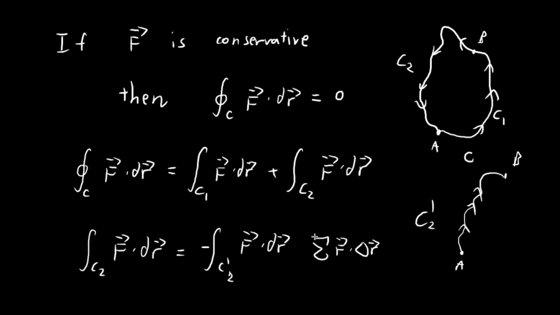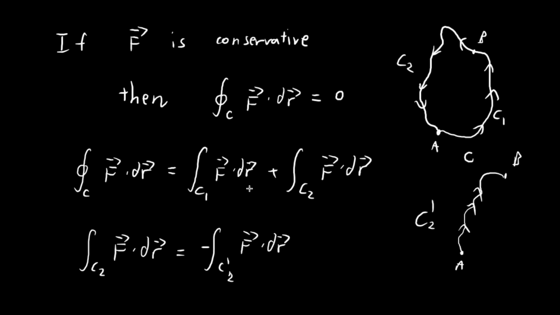Remember, we defined this in the first video, and if you write it out like this, you'll see that if you reverse the direction of your path, all you're doing is reversing these vectors. So the only change will be an extra negative sign at the front. Since I'm going from B to A for C2, and from A to B for C2 prime, these two line integrals are related by a negative sign, because all we're doing is flipping these vectors by a negative sign.